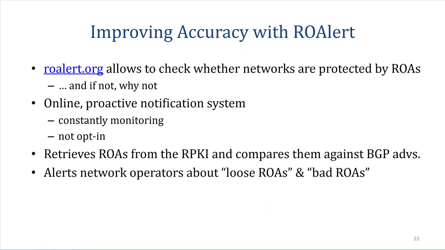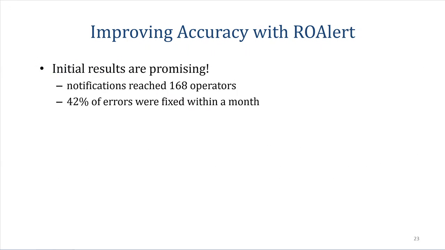So it really explains the reason. And the other side is an online proactive alert system that is constantly monitoring, constantly comparing BGP advertisements with the information that is recorded in ROAs, and alerts administrators about problems in their network via email.